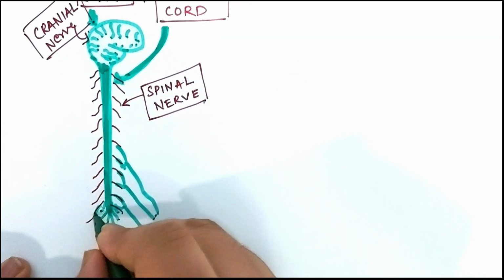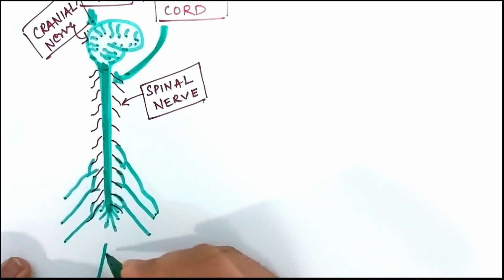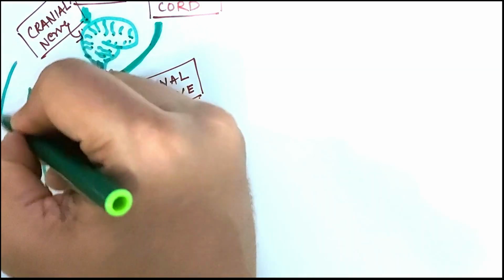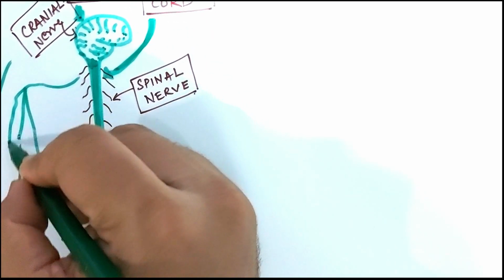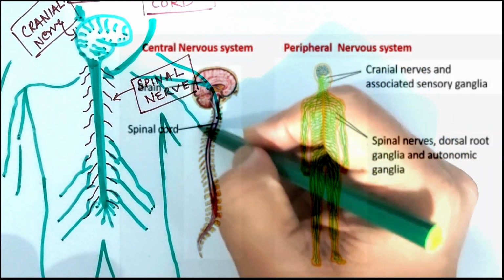Now extensions of the nerves from the dorsal root ganglion are basically classified under the peripheral nerves. Now these peripheral nerves connect the central nervous system to the terminal parts of the body.